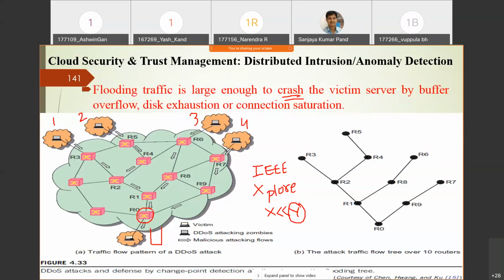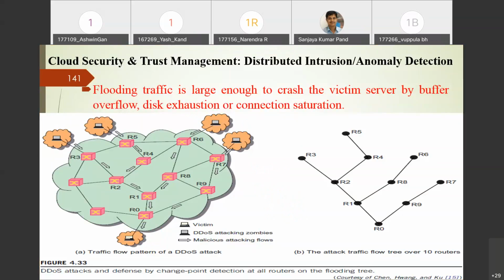Suppose, to balance the load or to go for faster execution, I have planned that the VM instance launched on this particular VMM, I want to transfer to this other place. That's why it is said that the VM is migrating from a particular host, host VMA, to host VMB.